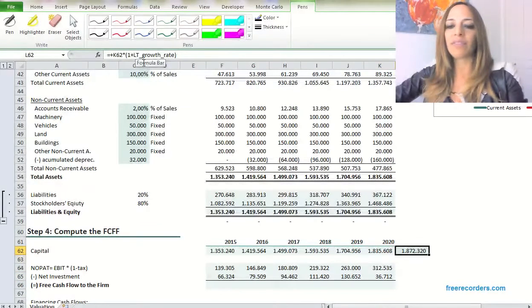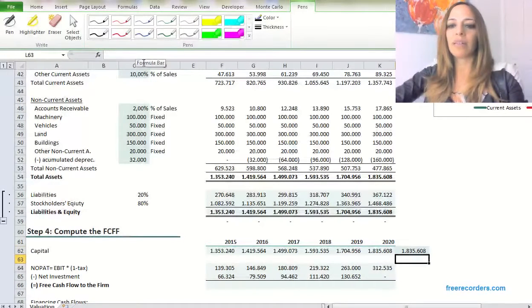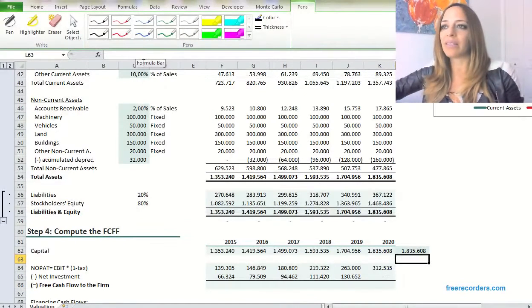Assume if instead of forecasting 2% growth, we would have assumed 0 growth, a stable company, a stable growth model from year 2020 on, then this would be a 0 net investment, which means we are maintaining the capacity, we are fixing whatever is broken, but in other words, we are covering depreciation.